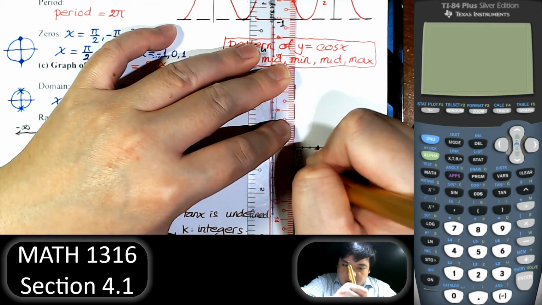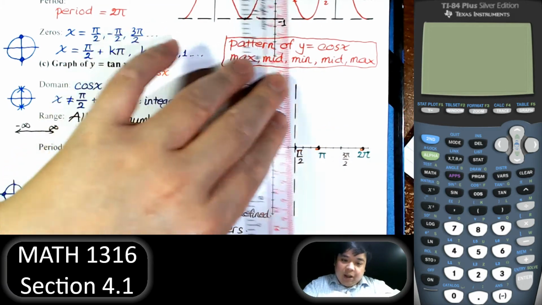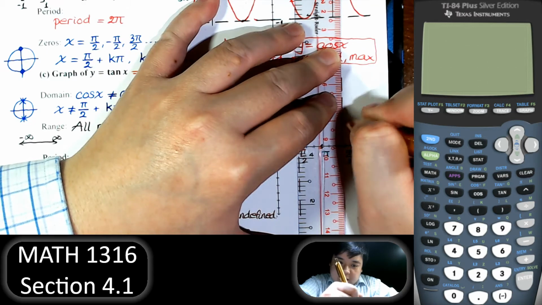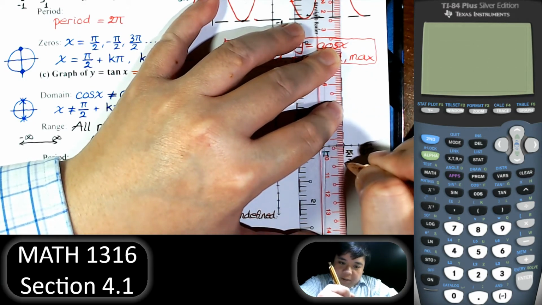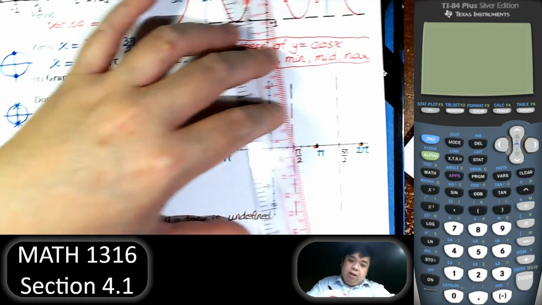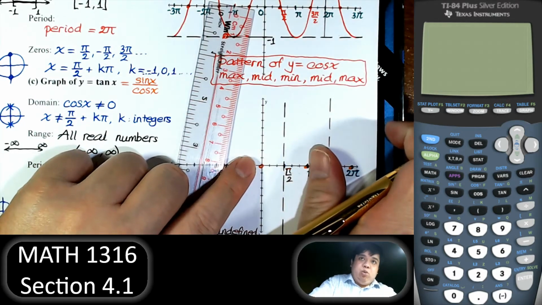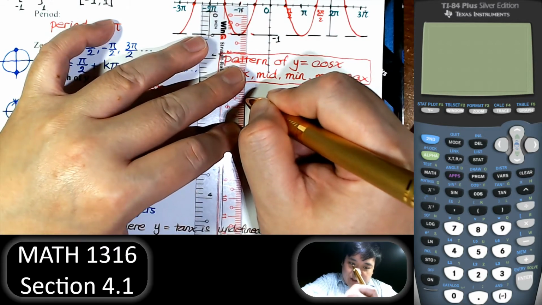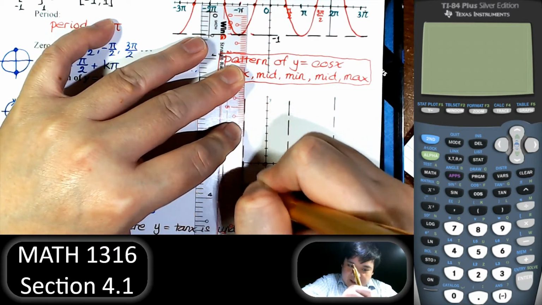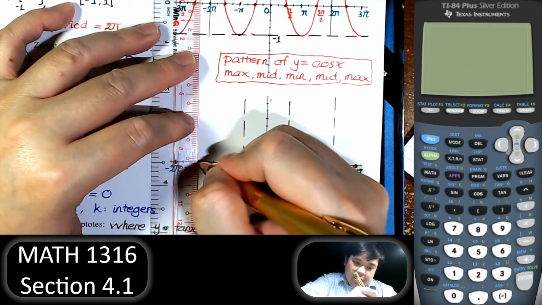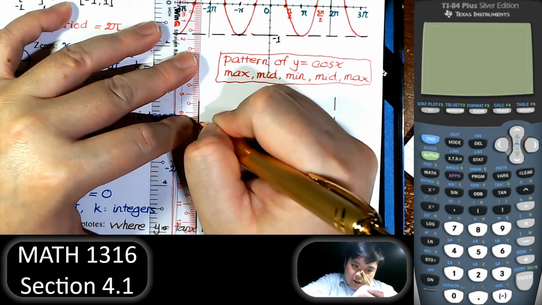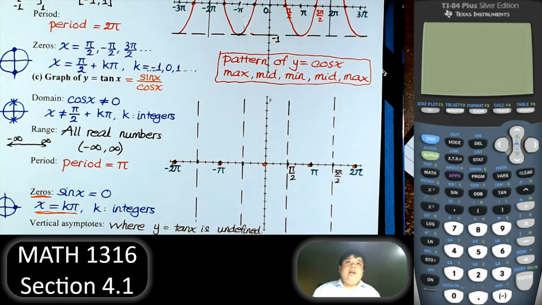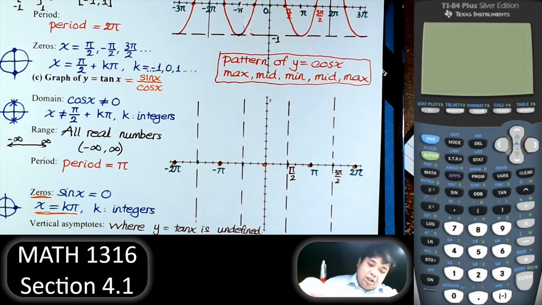The vertical asymptote is not part of the graph, but we have to draw it so we can see. By the way, we only worry about one period, which is pi. And then for the function, all we know is it starts from 0.